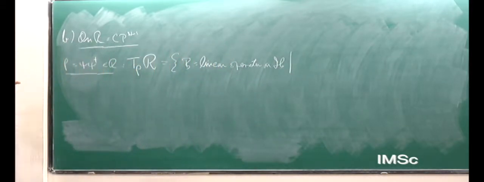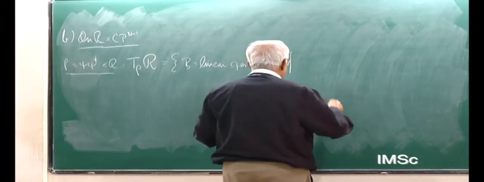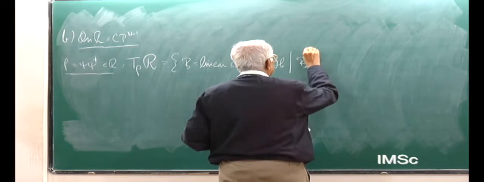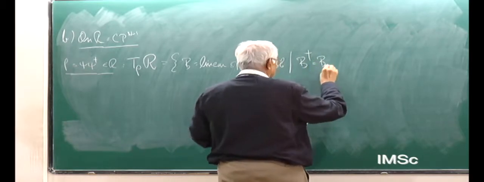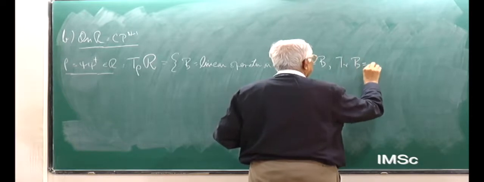Now, remember, the ray space is a set of operators, projection operators. So, unlike tangent space to B at each point, which consists of some set of vectors in Hilbert space, now we will be getting the tangent space elements to be certain operators on Hilbert space. What are the properties? I will write them first, and then I will indicate where they come from.